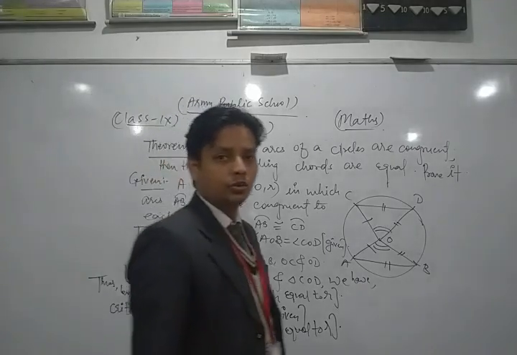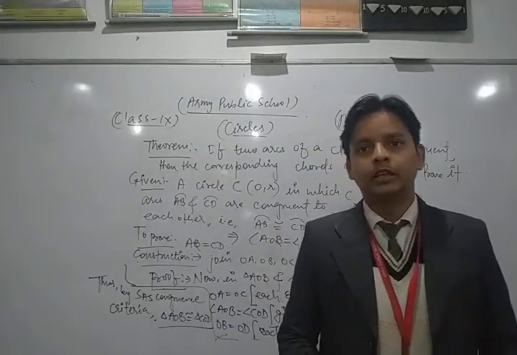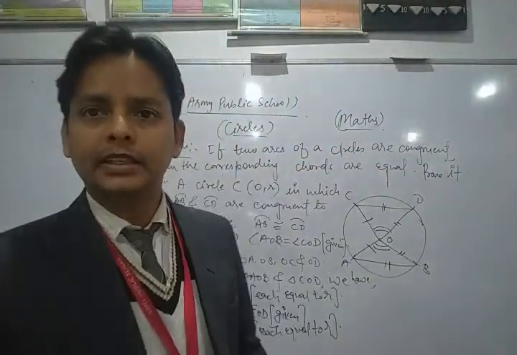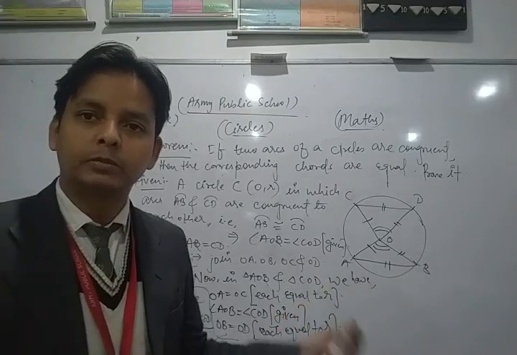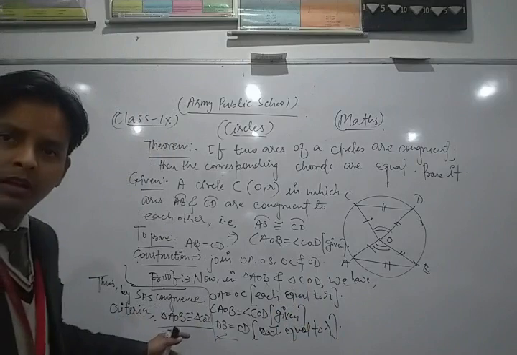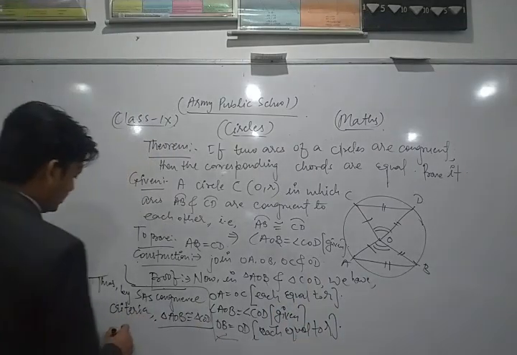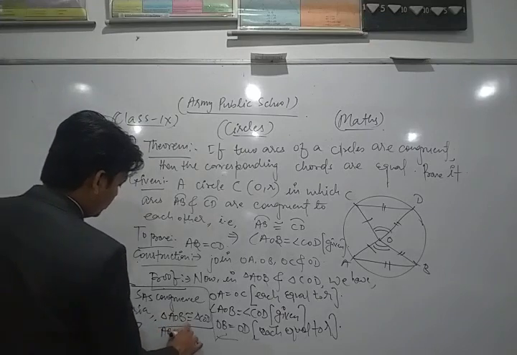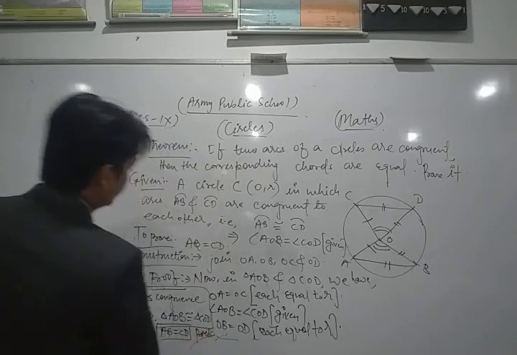Dear friends, you know that if two triangles are congruent to each other, then by the concept of CPCT, the corresponding parts of congruent triangles must be equal to each other. So thus by CPCT we have AB is equal to CD. Hence proved.